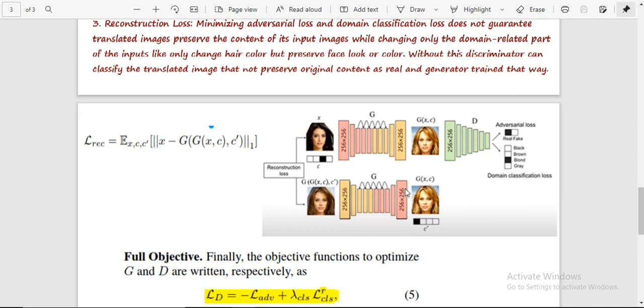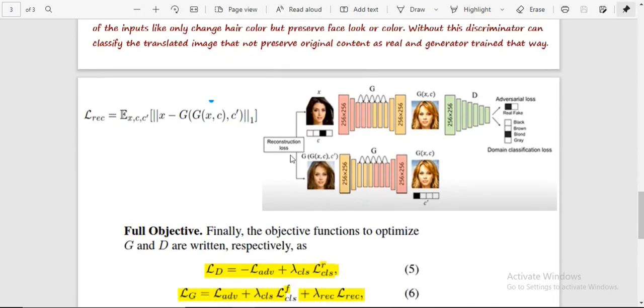It goes through two downsampling layers as the encoder, and three ResNet blocks for the decoder, and again two upsampling layers, and produces this image. And we take the reconstruction loss between the original input image and the reconstructed image.